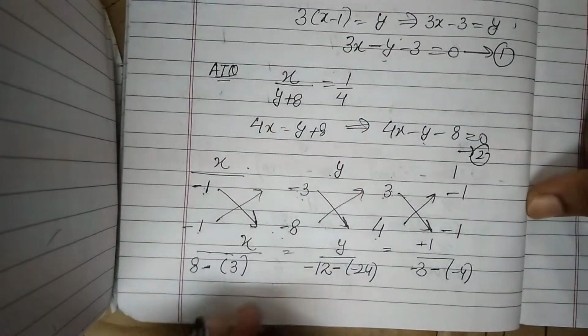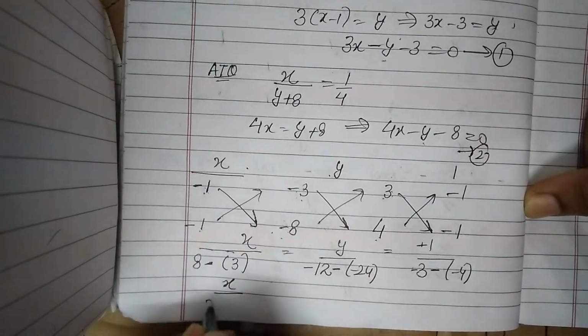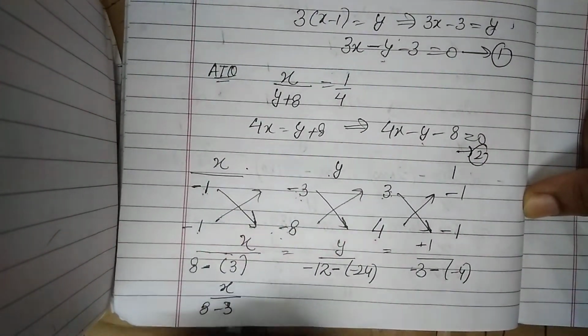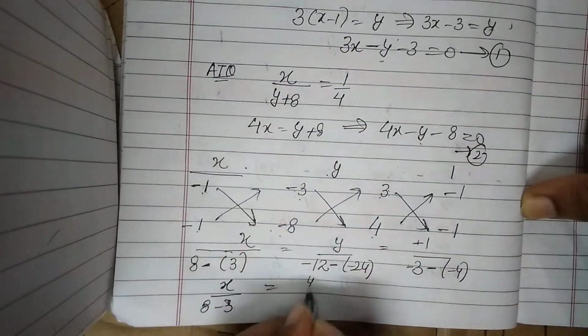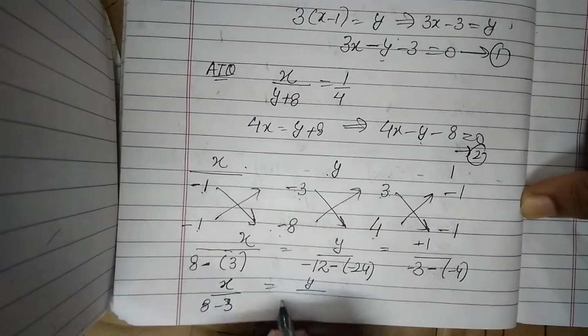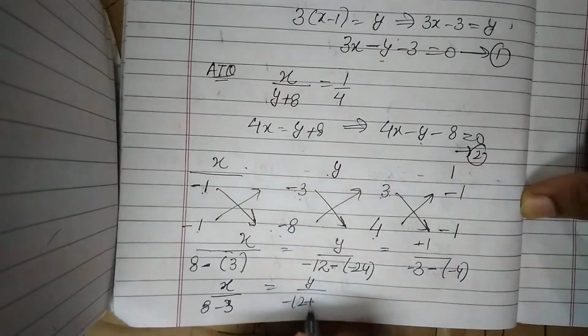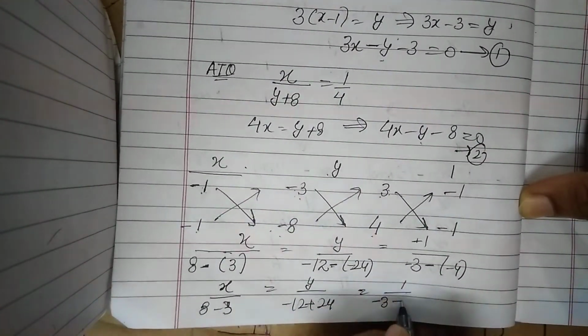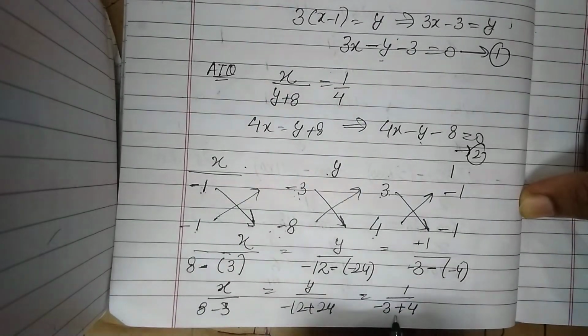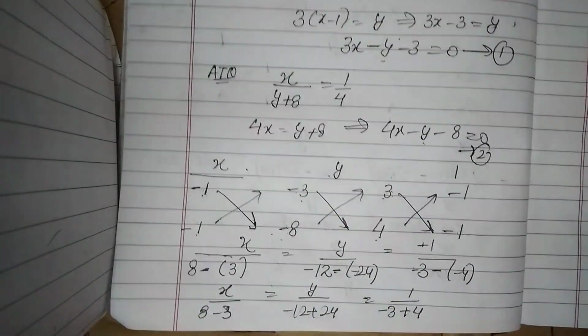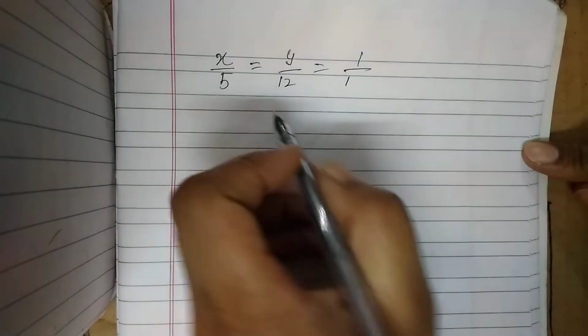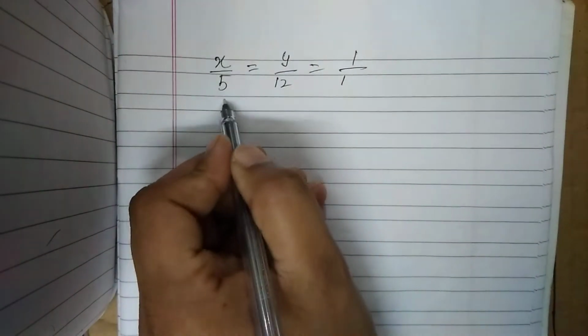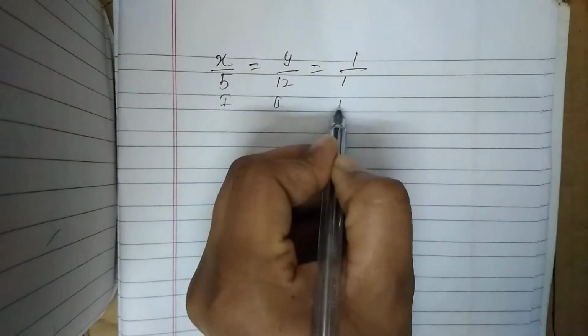Now x upon 8 minus 3, y upon minus 12 plus 24, 1 upon minus 3 plus 4. Now taking the first term, second term and third term.